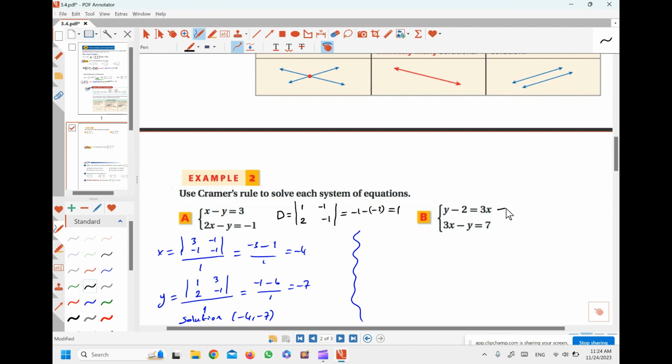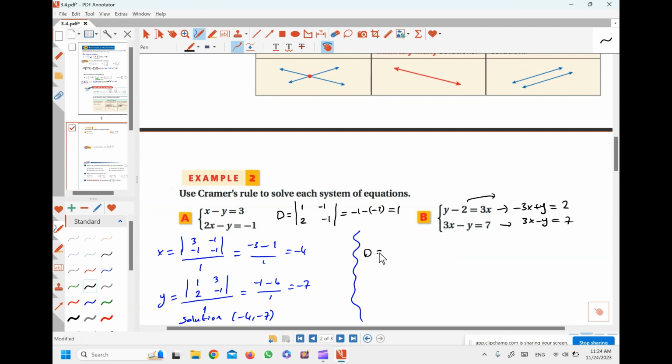But for my first equation, we don't have the same situation. Bring x to the other side, negative 3x. Y is already there. And I also should bring the number to the right. So now it is written in standard form. My second equation is already written in standard form. Now I can start solving the question.